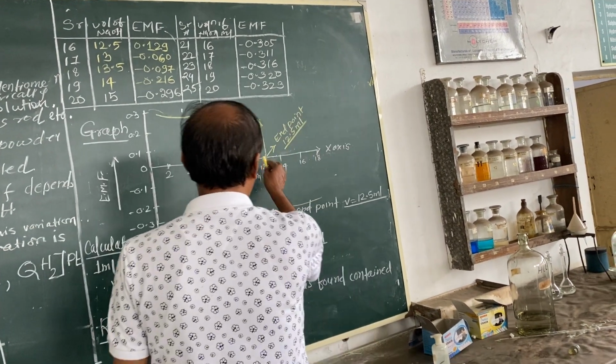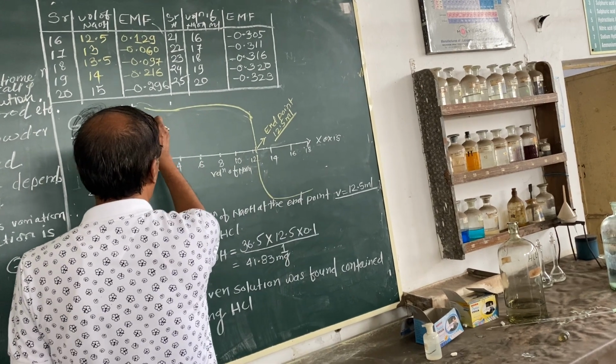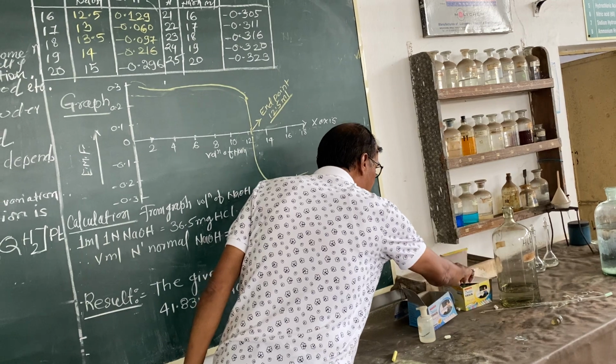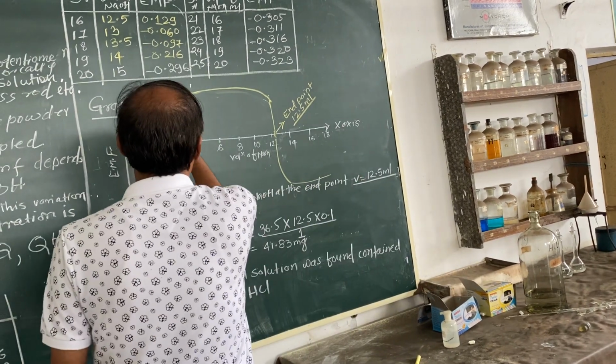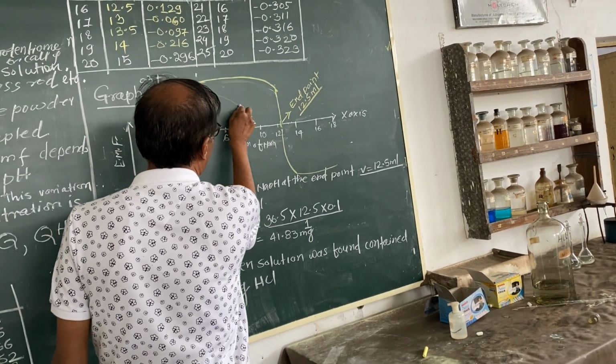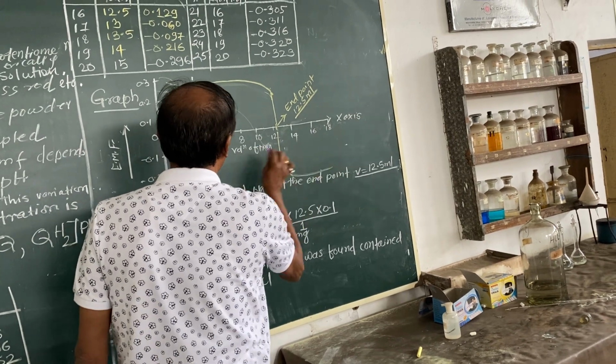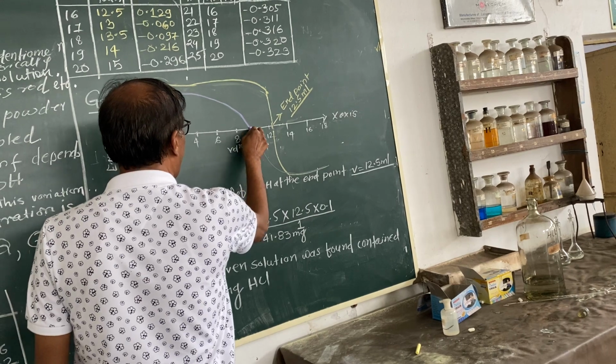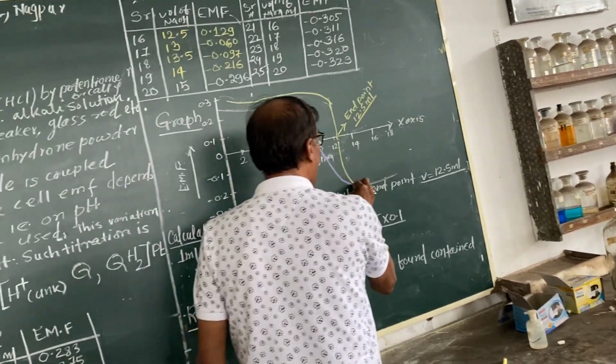But if it is a different graph, if the nature of the graph is like this, it is very difficult to get an end point.